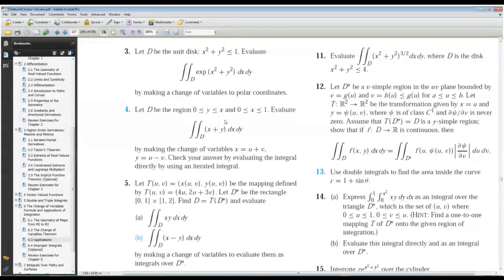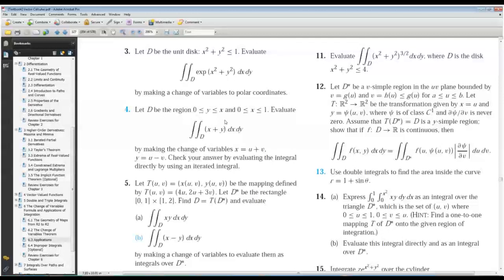If we add these two, we get x plus y equals 2u, which is u equals x plus y divided by 2. And v equals x minus y divided by 2. This is one of the examples, I think example 2 or 3.